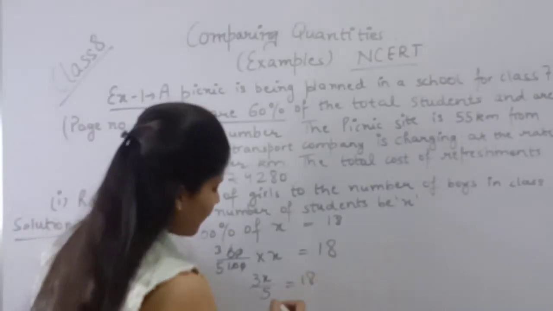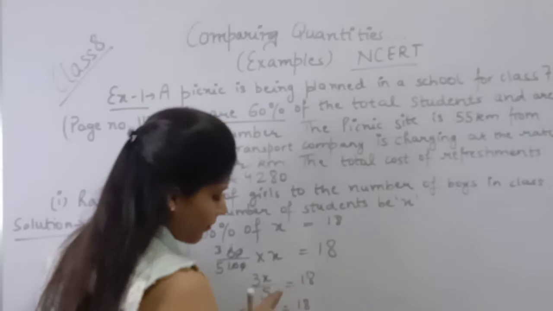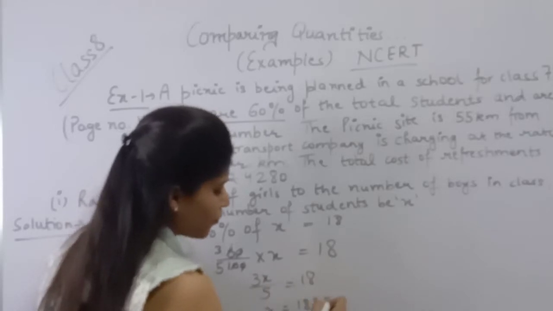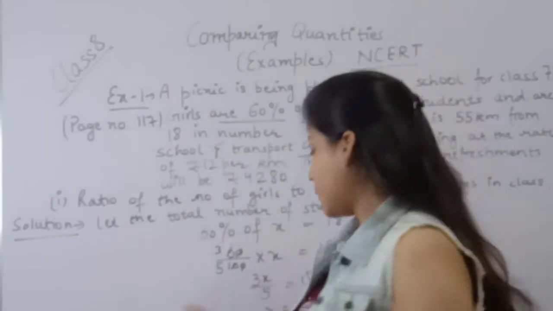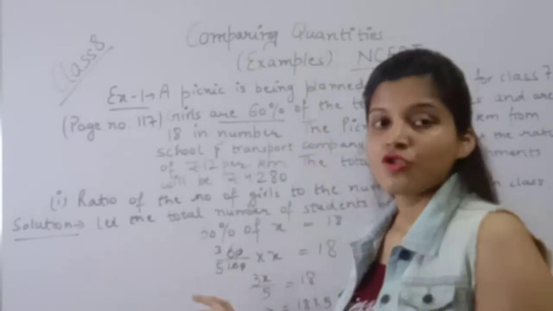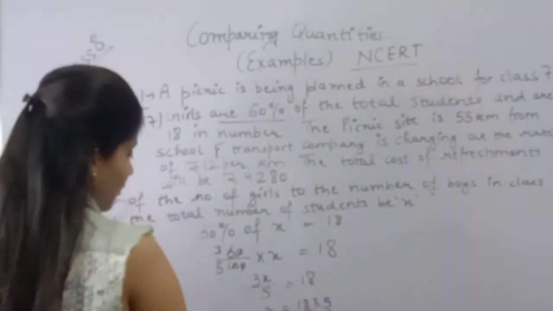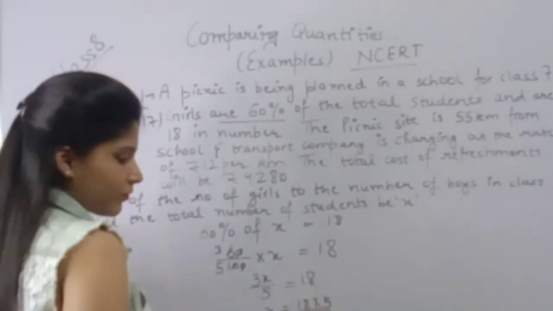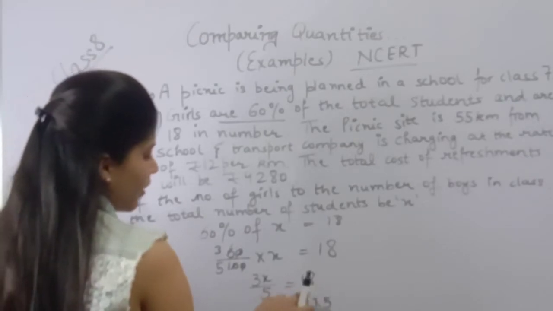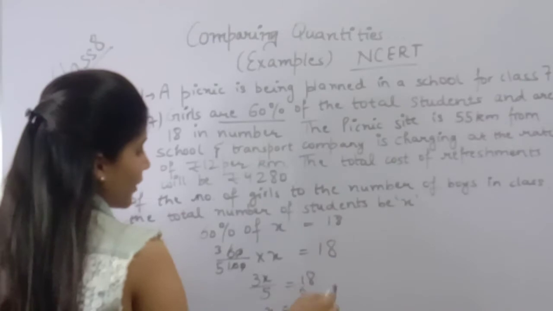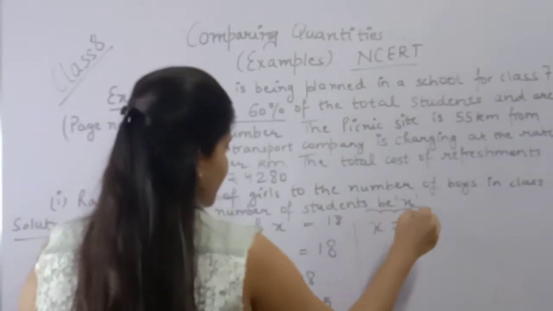So the value of x comes out to be 18. 5 is in division, so it will move to the RHS and become multiplication. And similarly 3 is in multiplication, so when we transpose 3 it will become division. So upon 3. Okay, and we know that 3 6s are 18. So the value of x comes out to be 30.